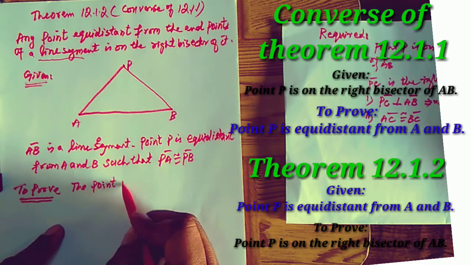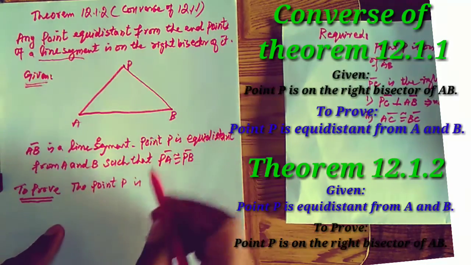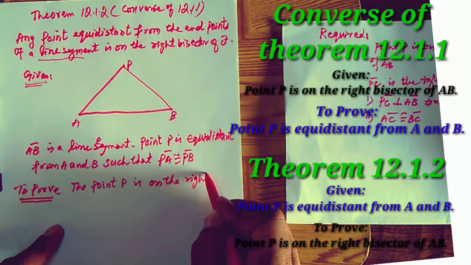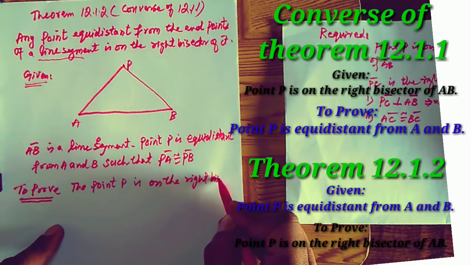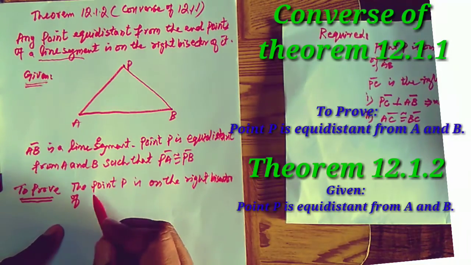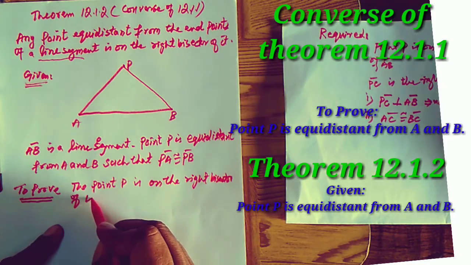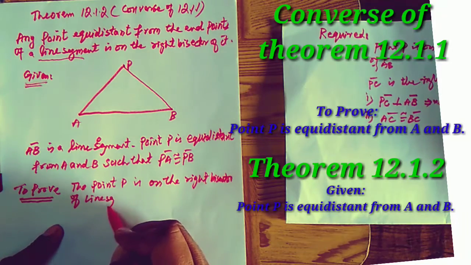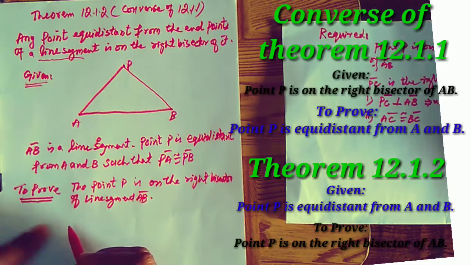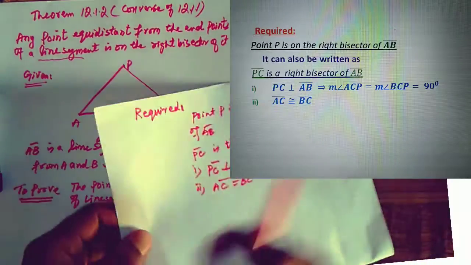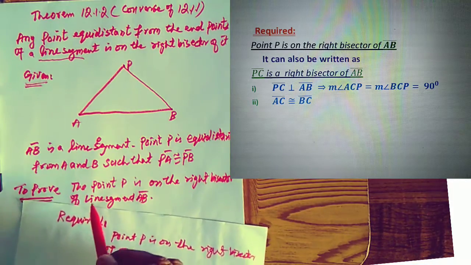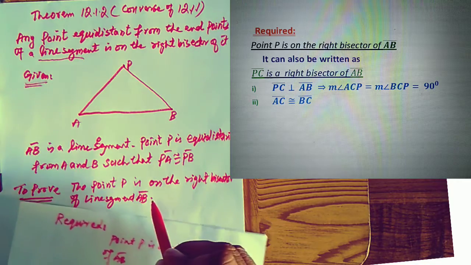The point P is on the right bisector of line segment AB. It's required: point P is on the right bisector of line segment AB.